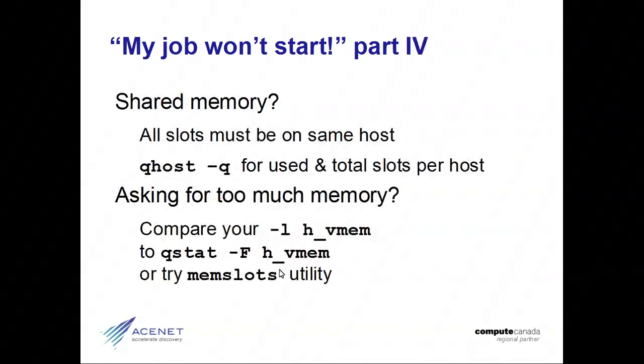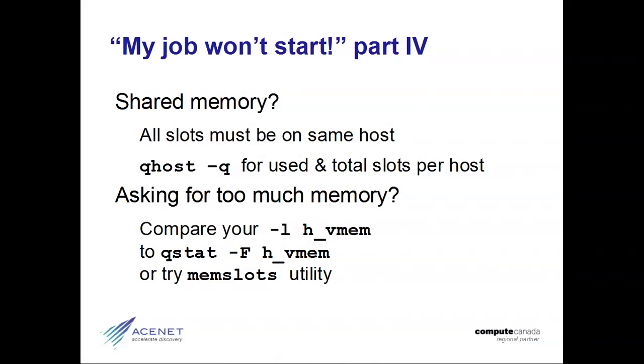Another flavor of not the right kind of slots is if you're running shared memory parallel jobs with the OpenMP parallel environment, then all 16 of your slots, or whatever number you've asked for, they all have to be in the same host. So there may be 100 and some slots free, but maybe there is no single host that has all 16 of its slots free.